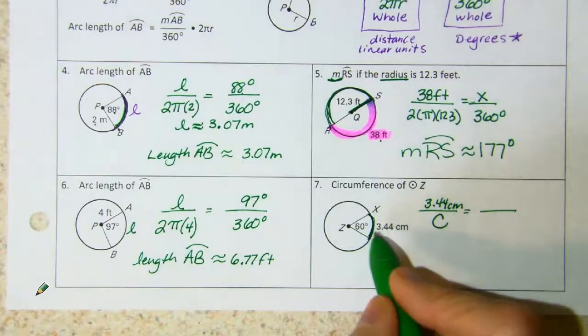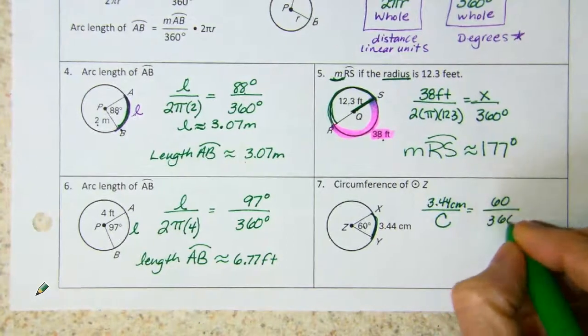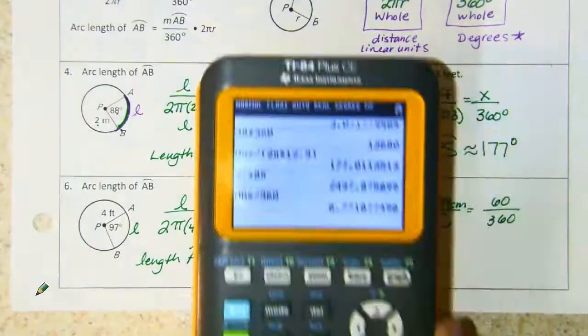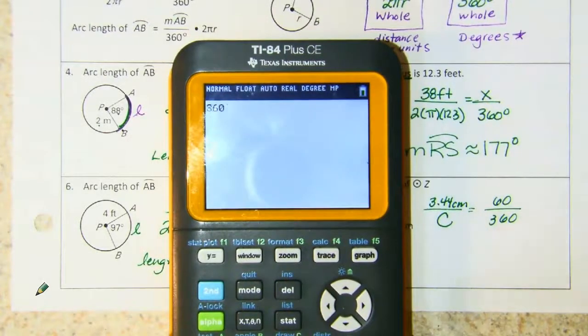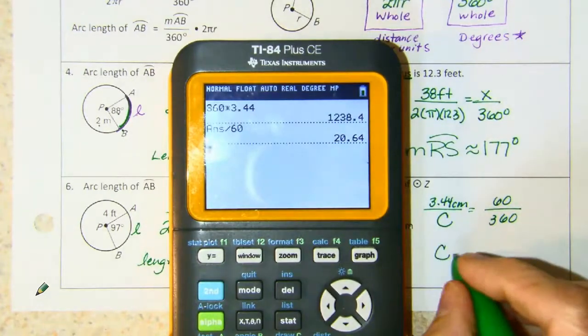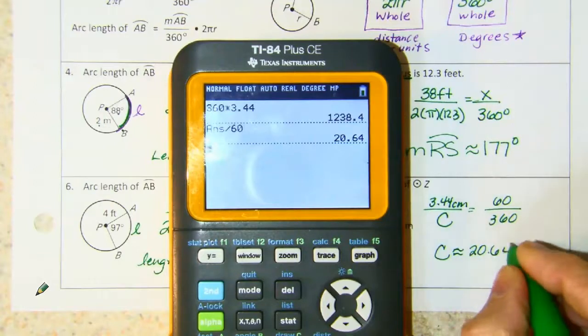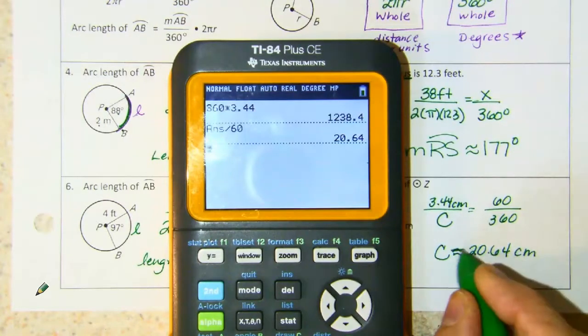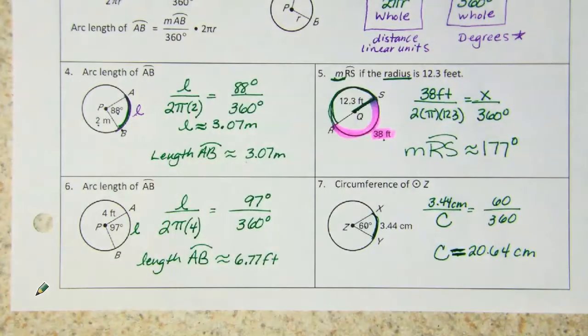The arc measure is the central angle of 60, and this is 360. So, again, let the calculator do the work for us. 360 times 3.44, divide that by 60. That circumference is going to be about 20.64 centimeters, and it's actually going to be exact because there's no more decimals, so we'll say equals there.